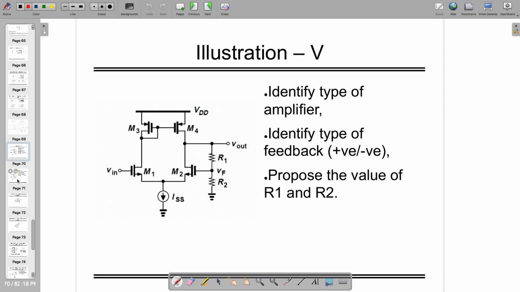Identifying this one as a voltage amplifier is very easy, and you need to find out what kind of feedback it is. If you increase this voltage, you know that it's a common source, so the source is in sync, but on the drain side it's going to be negative feedback, because the gain is minus GMRO, or GMRO times, and you need to take GM3 into account as well.